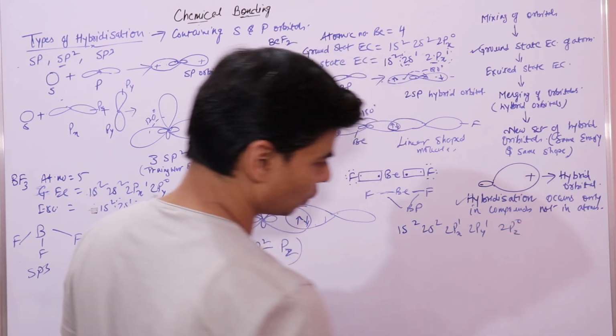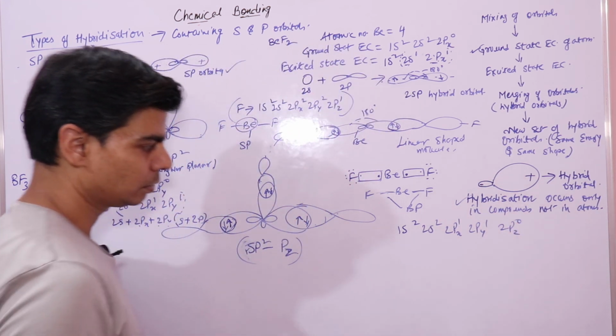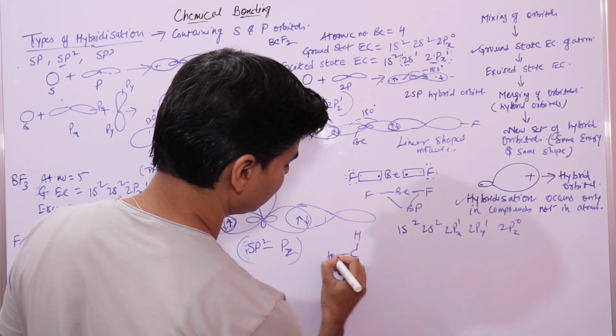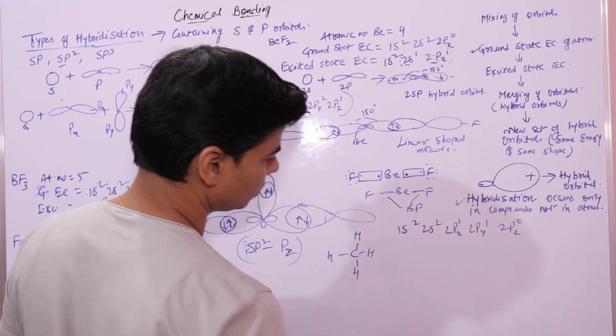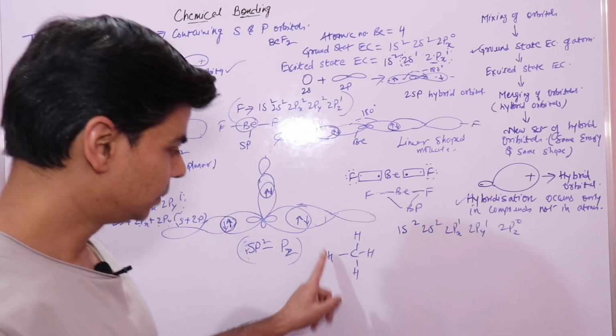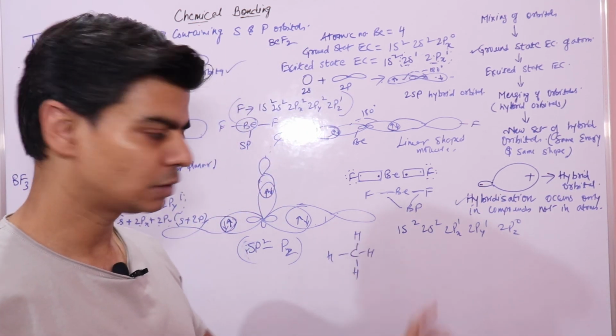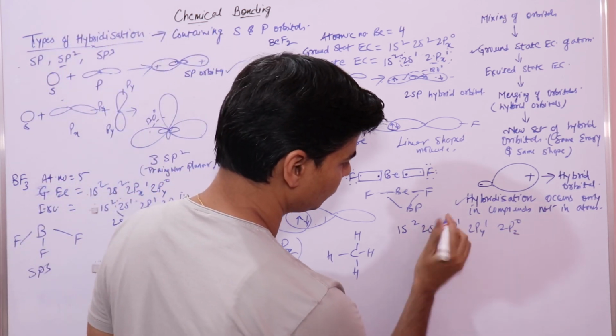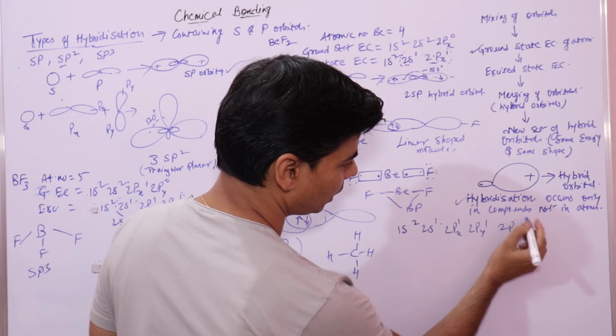Now we will study its hybridization in the methane molecule, right? When this molecule gets formed, an electron would be shifted from the 2s orbital to the 2pz orbital, right? We have one electron now here and one here.